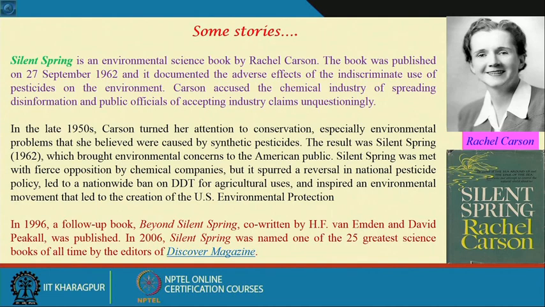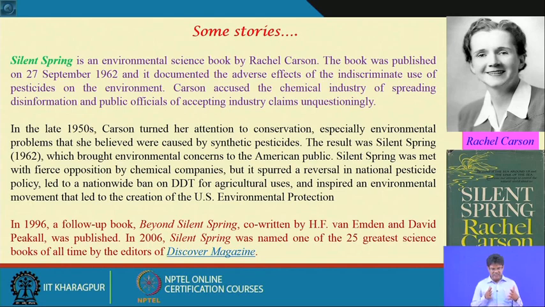As you see, this came in 1962. This came because prior to that, in the late 1950s, Carson turned her attention to conservation, especially environmental problems that she believed were caused by synthetic pesticides.